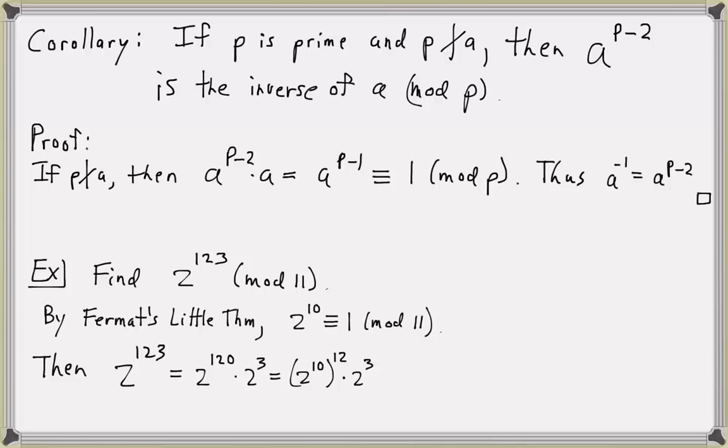Well, 2 to the 10th is congruent to 1, so this is just 1 to the power 12 times 2 to the power 3. 1 to the 12th is 1, 2 cubed is 8, so therefore 2 to the power 123 is congruent to 8 mod 11. So we don't need to multiply 2 to the power 123 and then divide by 11 to figure out the remainder. We can simplify greatly using Fermat's theorem.